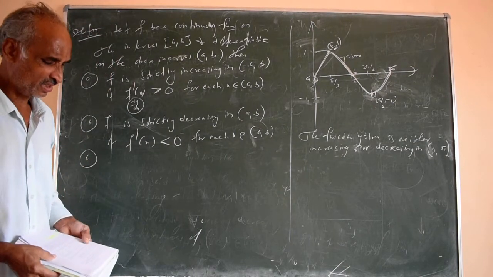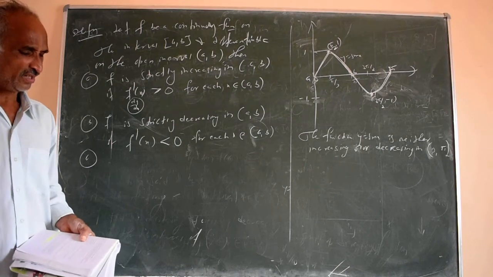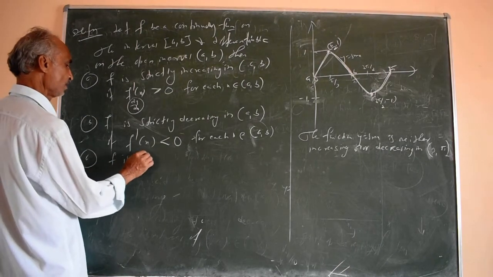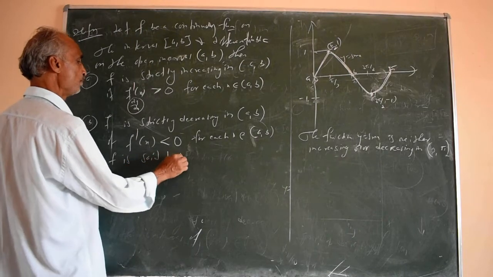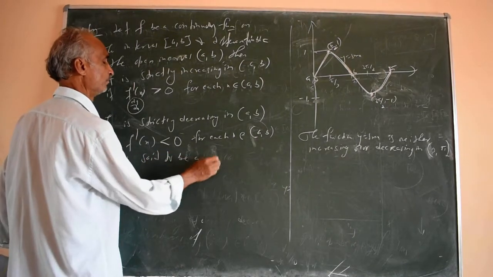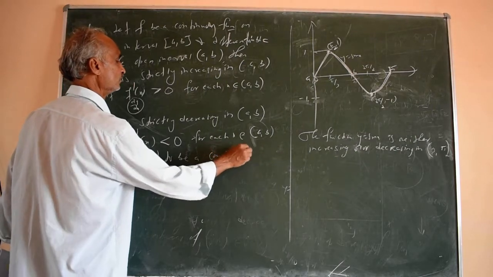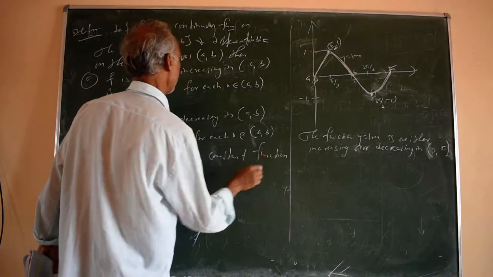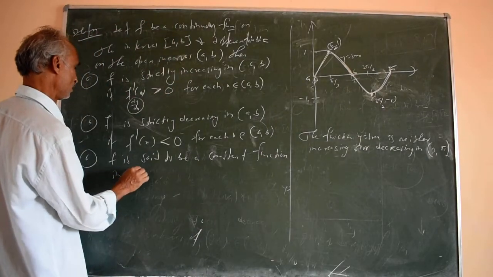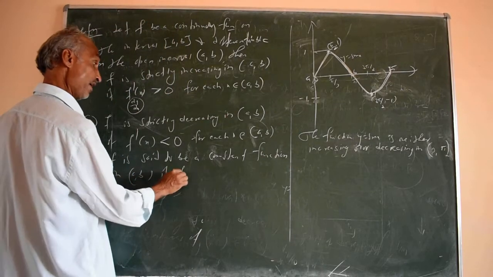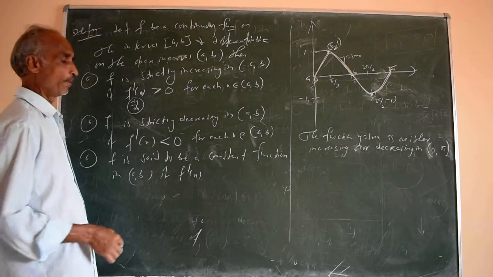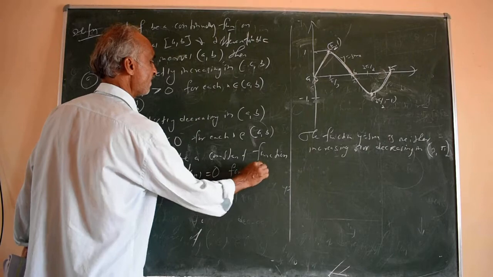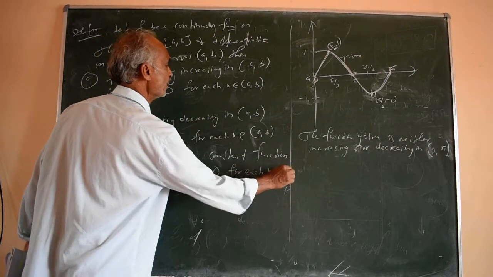And f is said to be a constant function in A to B if f dash of x, means dy by dx, is equal to 0 for each x belongs to the open interval A to B.